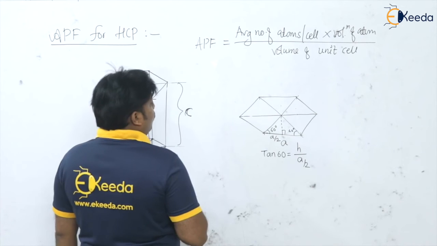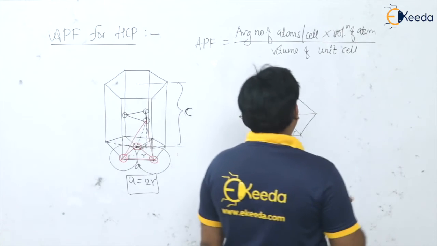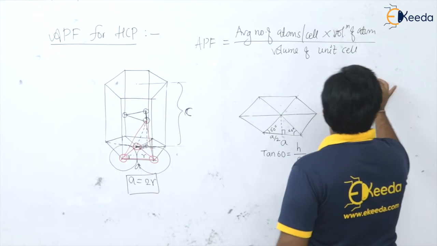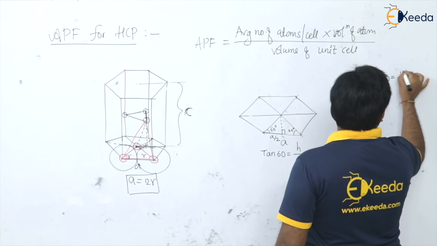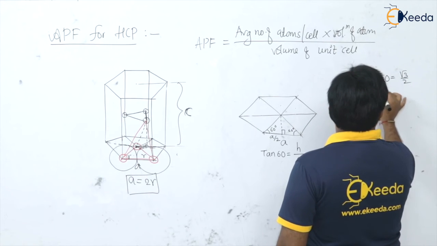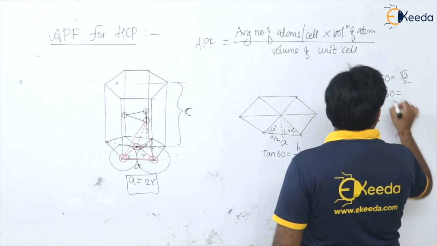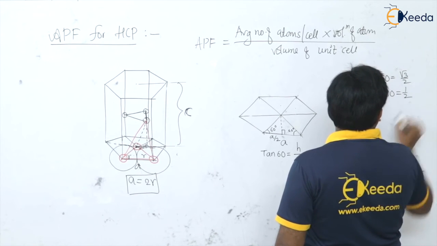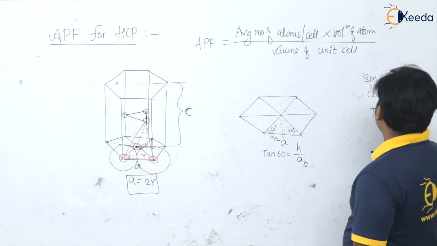So what is tan 60? Just calculate. We know what sine 60 is. It is root 3 by 2, and cos 60, it is how much? Half, isn't it? So what is this tan 60?